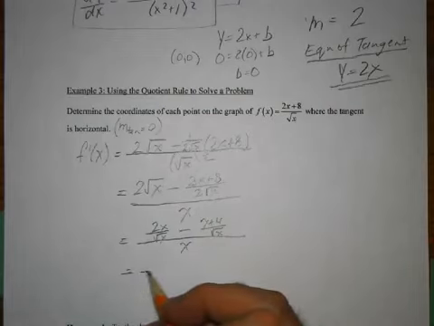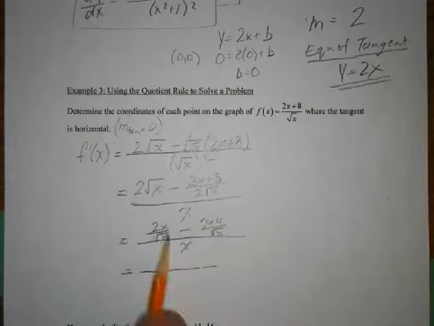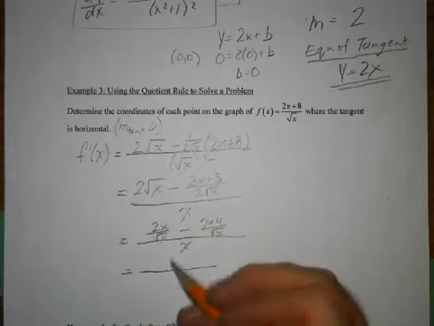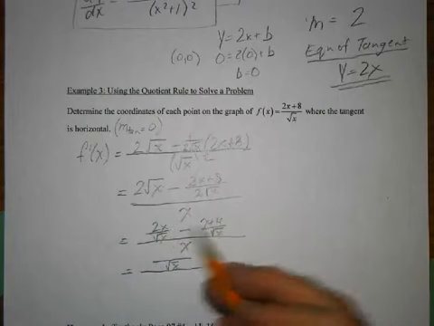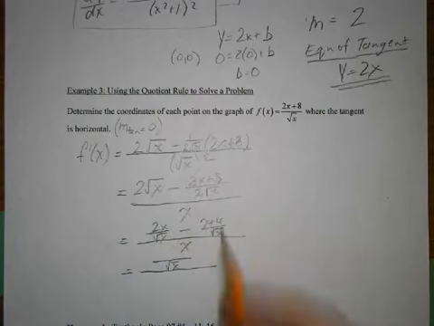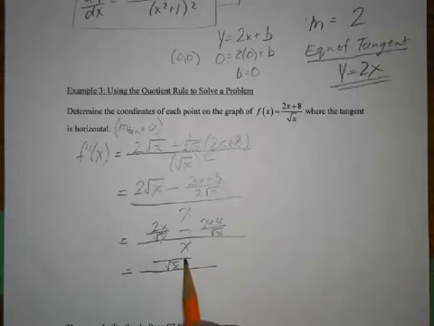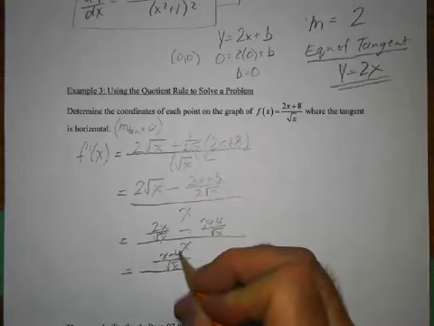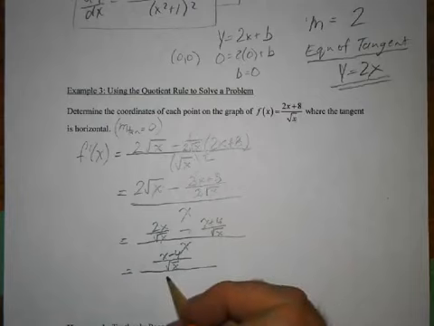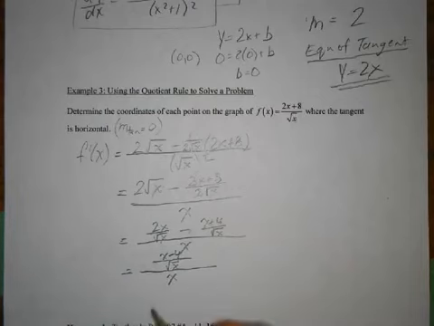And then we're going to have, if you just read across the top, 2x minus x, that's x, and then minus 4, don't forget you're subtracting the 4. So that's going to simplify to x minus 4 over root x times x, sorry, not times, over x.